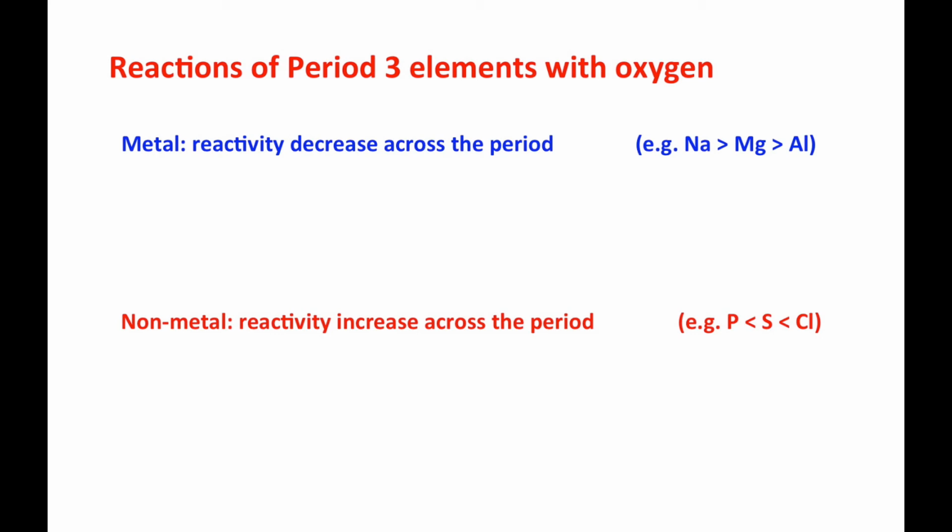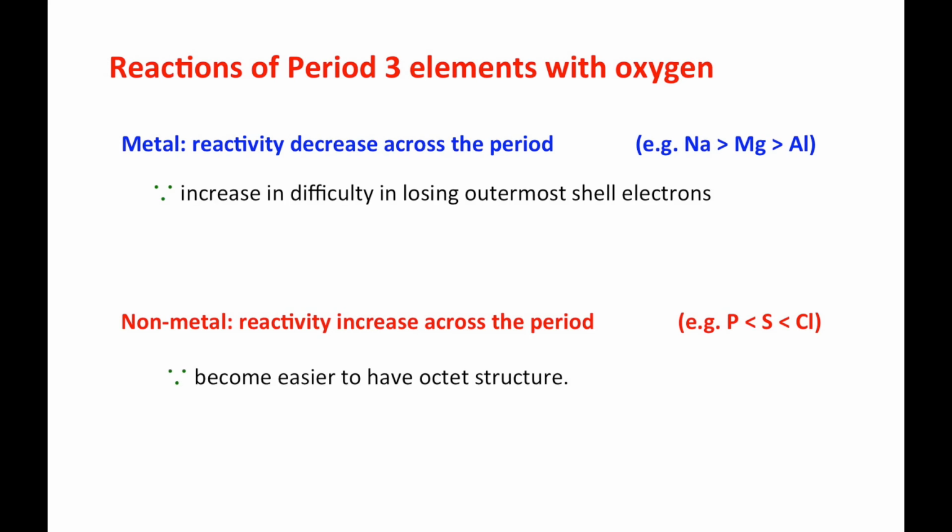That means group 7 will have the highest reactivity. The reason behind this is that for metals, when they move across a period, the difficulty in losing the outermost shell electrons also increases. For example, sodium only needs to lose 1 electron, but aluminium needs to lose 3. So sodium can finish the task easily, right?